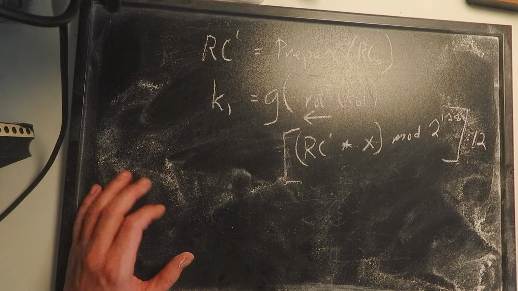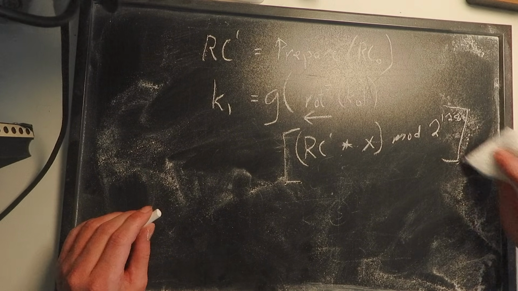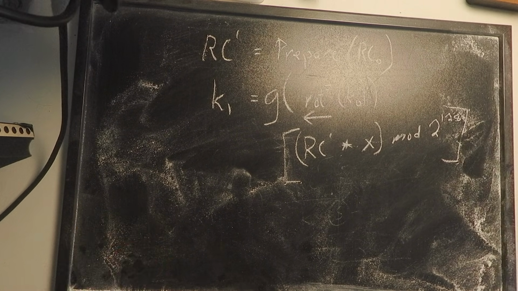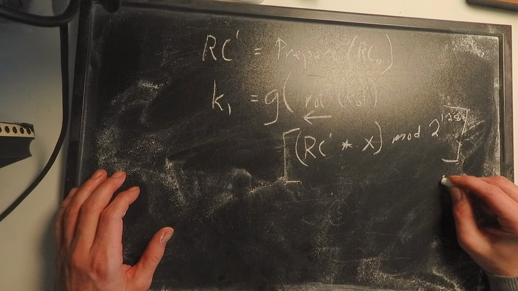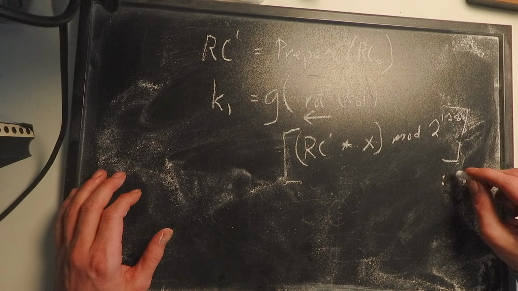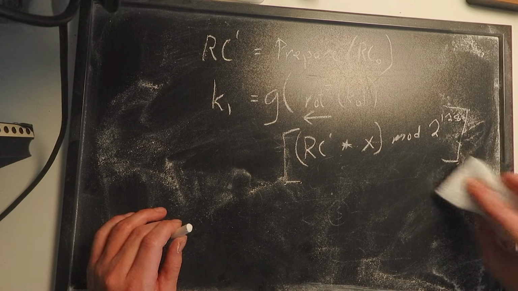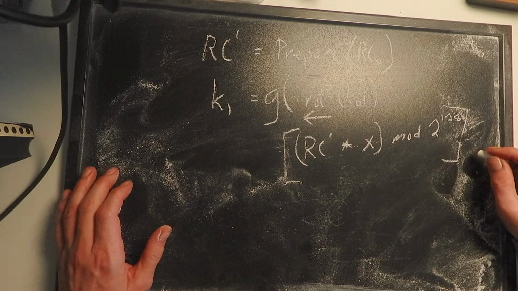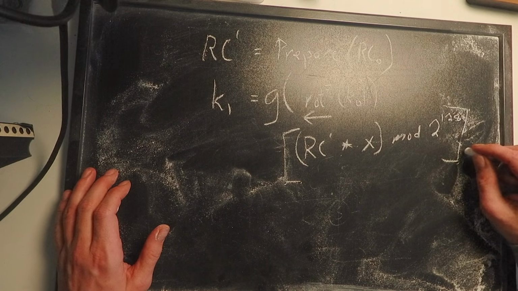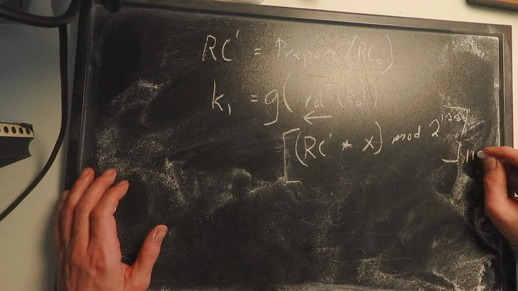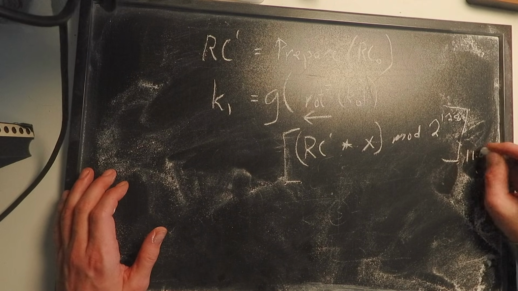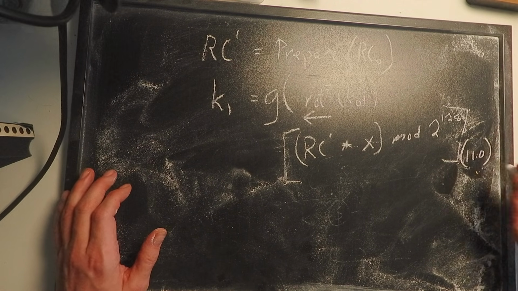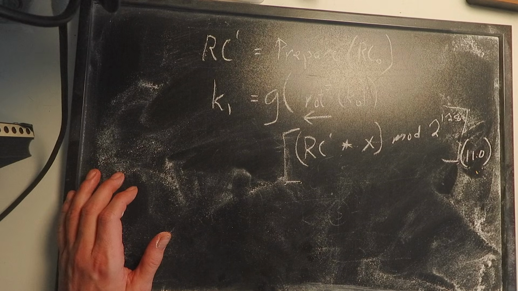And the first, let's see, how do we usually write this? So that means the first 12 bits.